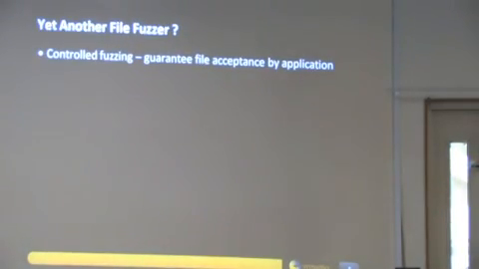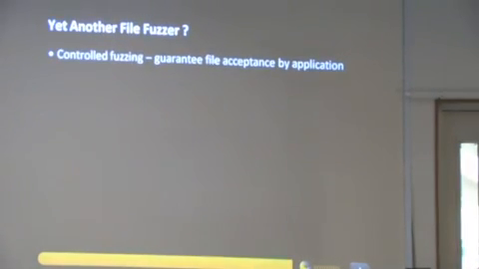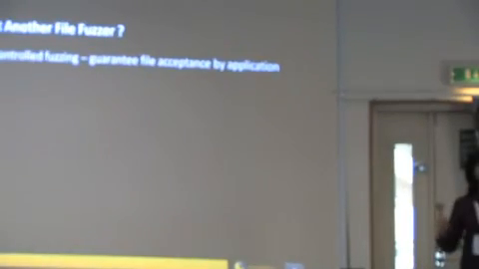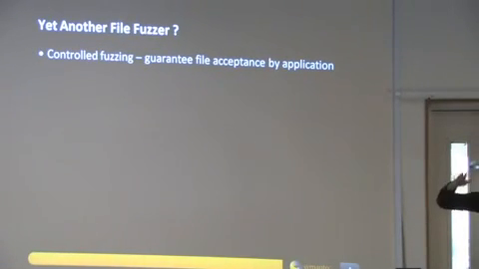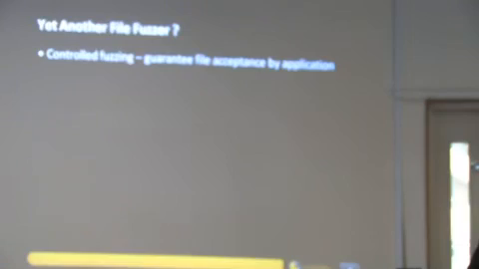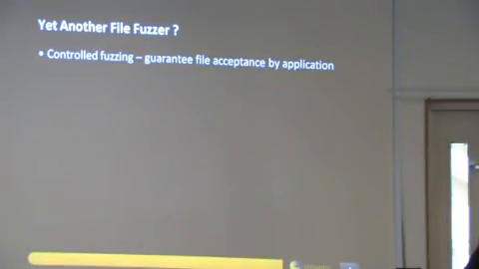One is that controlled fuzzing is important because if I take a file as a bit stream and just flip the bits and modify the content and provide an absolutely randomly modified file to the application, and I want to test if the application handles this malformed file properly or not, the problem is the application is going to throw away the file at the beginning because it's randomly modified. If there is a small amount of type checking or format verification that the application does at the beginning, the application is going to say this is a wrong file and throw it away.